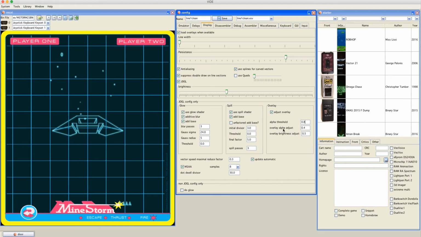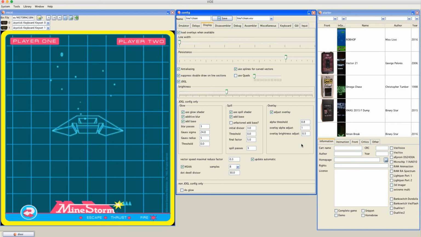With the overlay alpha adjustment, I tell the engine to reduce the alpha value by the factor given. If I put a 1 in here, I do not reduce the alpha value at all.